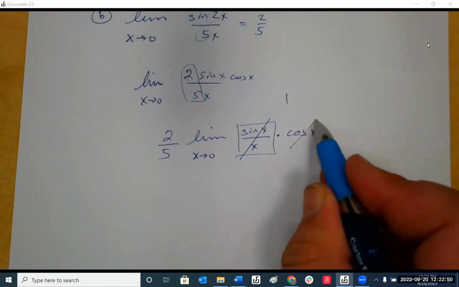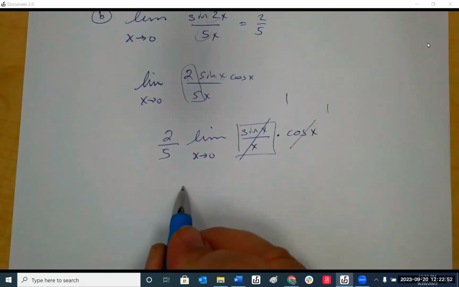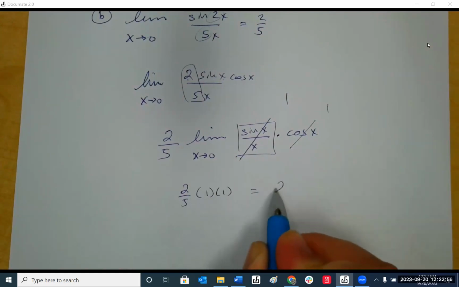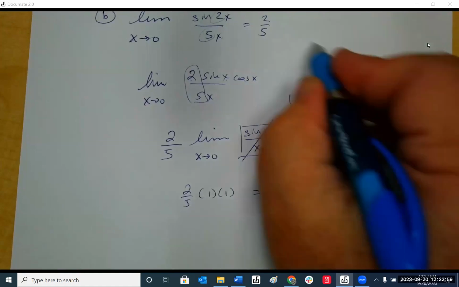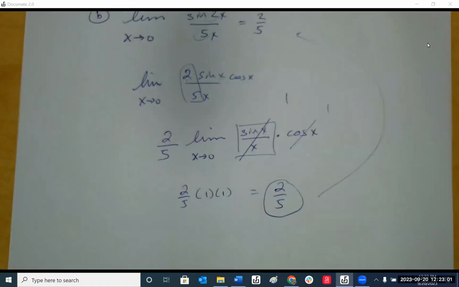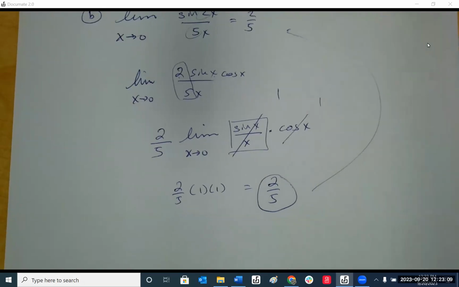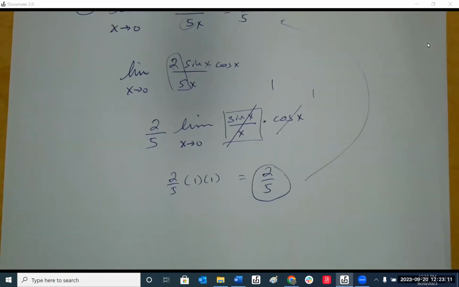Cosine of 0 becomes 1. So we have 2 over 5 times 1, which is 2 over 5, which is what we're trying to prove. Yay! Now's the time to celebrate. Yeah, here for the home team.